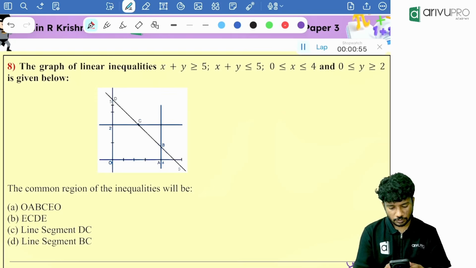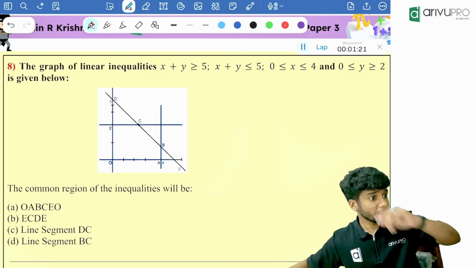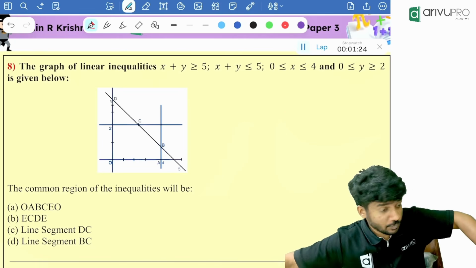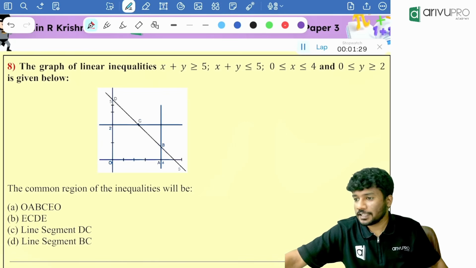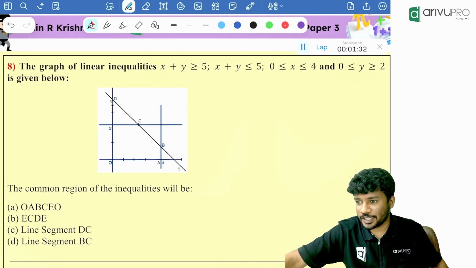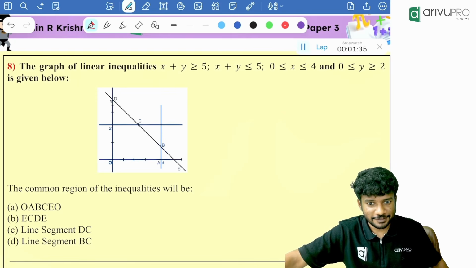Any answers? Option D. Check again. Anyone saying C? Yes, Purna, right answer. Krishna, C. Okay.